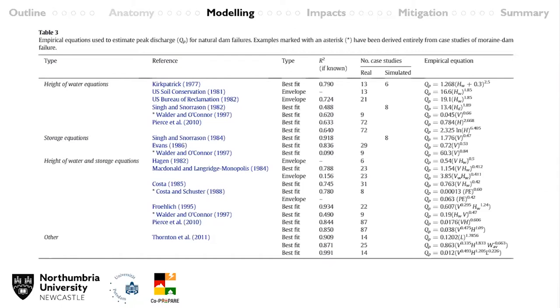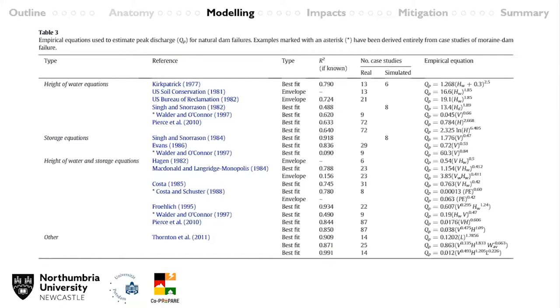Duncan Quincey and Simon Cook had a paper which followed up on some of Christian Huggel's work a few years ago, where they used the surface area of lakes and built a relationship between surface area and depth or volume of known lakes to figure out how you can arrive at an estimate of volume if you just know the surface area. So there are ways of getting at that value.